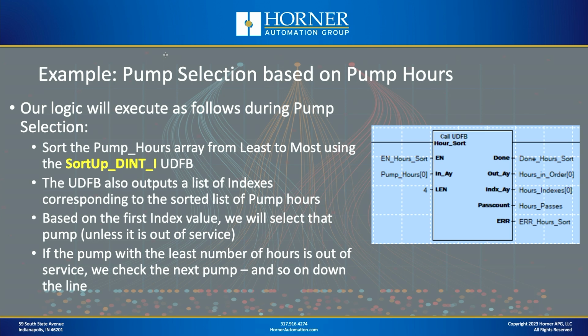So when we select a new pump, we're going to go to that list of indexes, go to that first index or pump number, and try to select that one. But we might not be able to, because it might be out of service. In that case, we'll have to go back up to the index list, take a look at the next one in order, see if that one's out of service or not, and go on down the line until we find the pump with the least number of hours that's actually in service. All right, let's take a look at that on the bench.